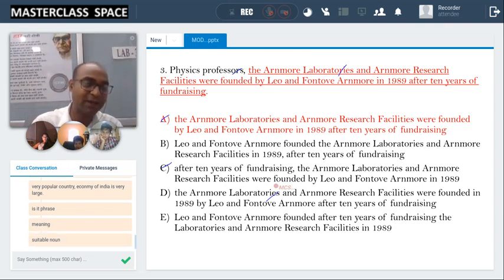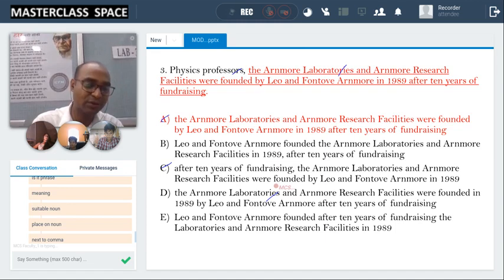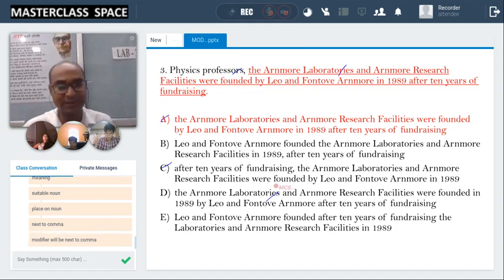And then we have to look at the place of the noun. The place of the noun means it should be next to the comma, or the modifier will be next to the comma. Let me give you an example. I'm writing two phrases.